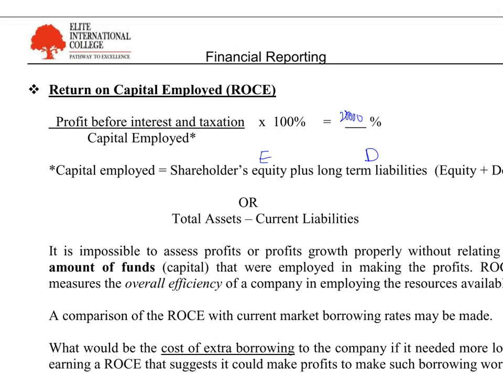I want to know when I use my capital, both equity plus debt, how much profit I make from the capital employed. 61,000 times 100%.